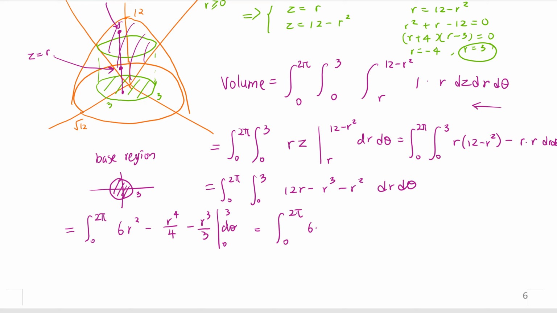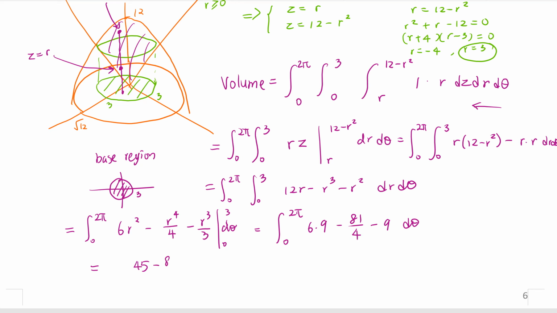Okay, so 3 squared is 9. 3 to the 4th is 81. 3 cubed over 3 is like 3 squared, 9. Then d theta. Wow, what is that? Well, that is 6 times 9, 54... sorry, let me redo it: 5 copy times 9, 45 minus 81 over 4.